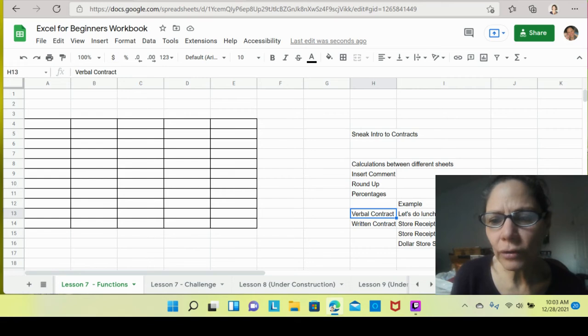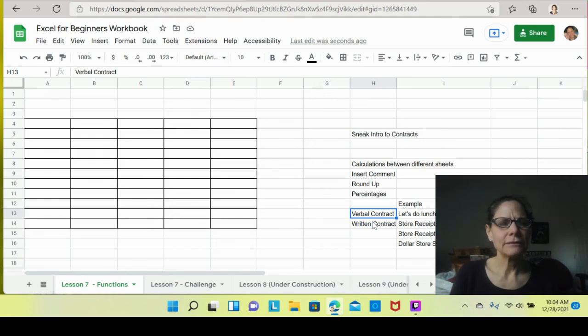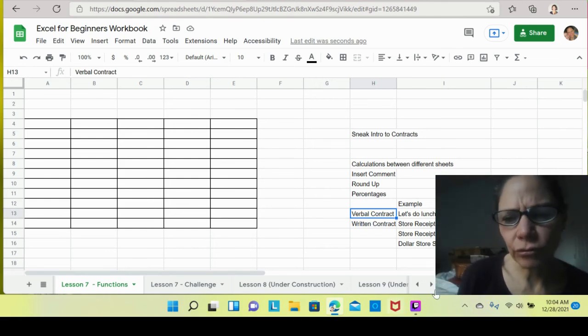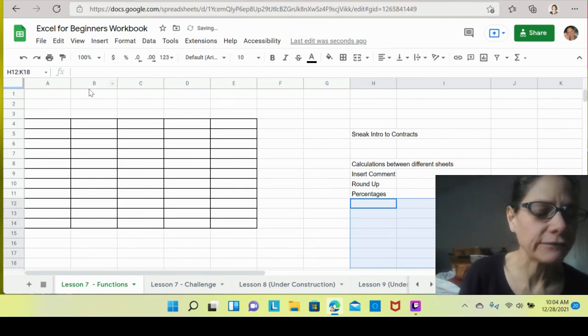Let's do lunch. No, that's not. A verbal contract where you've agreed to exchange money ordinarily would be, or a car for a boat, or something where you've actually agreed to it. But we won't do that today after all. I think I'll just stick to how we would use the chart for contracts in the office.